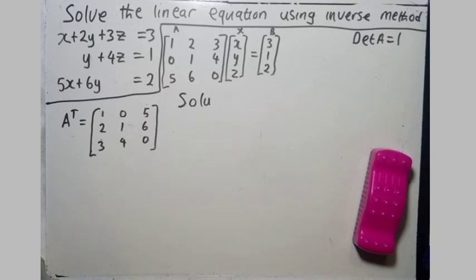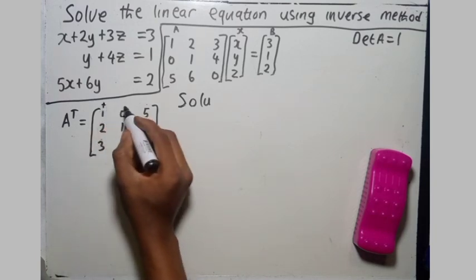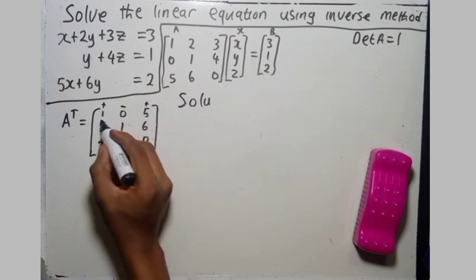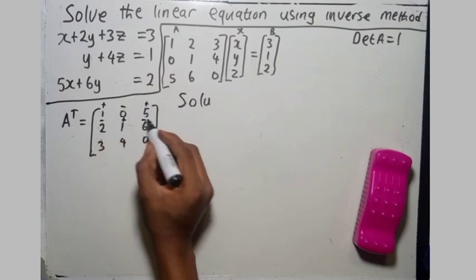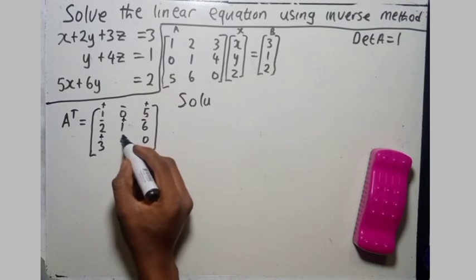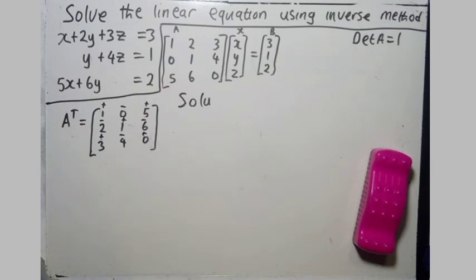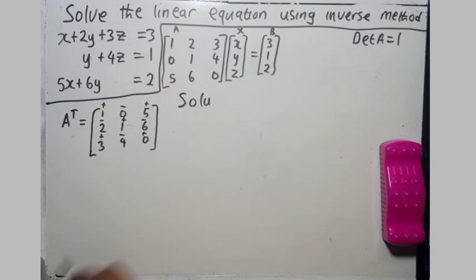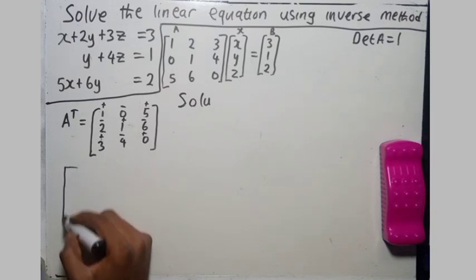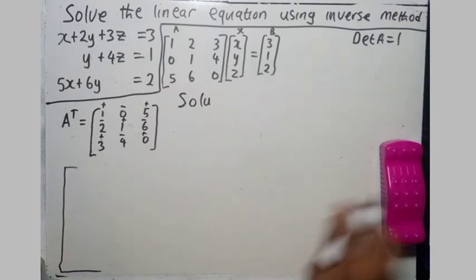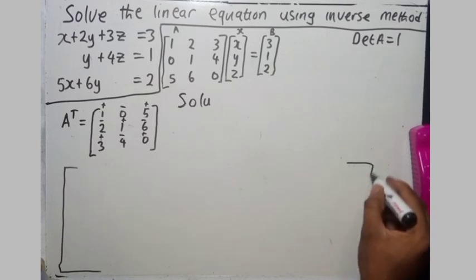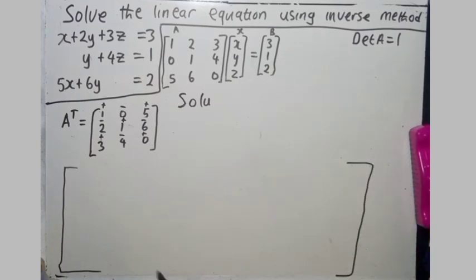Now we apply our signs, which is plus, minus, plus, minus, plus, minus, plus, minus, plus. Now our adjoint, I'm making it a big matrix.